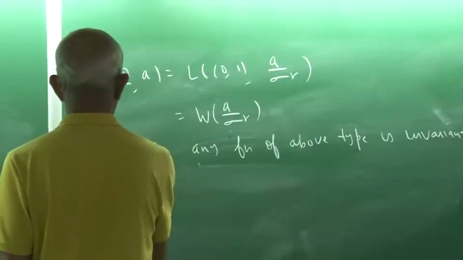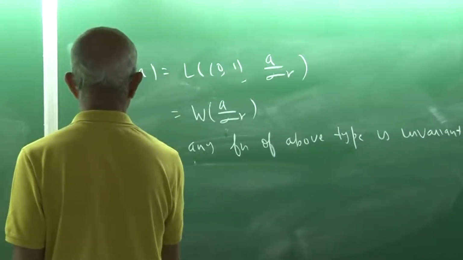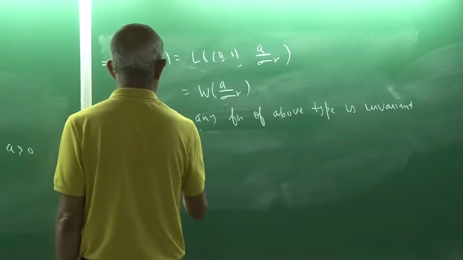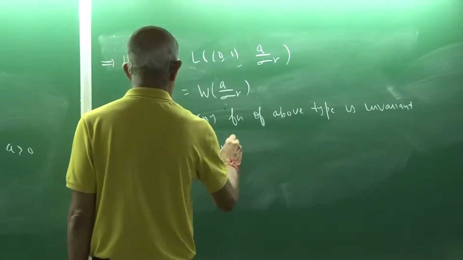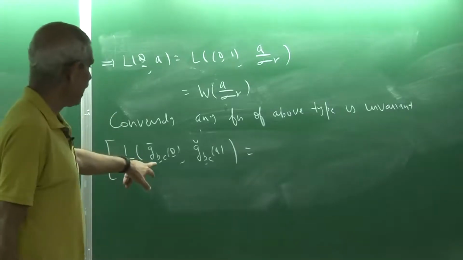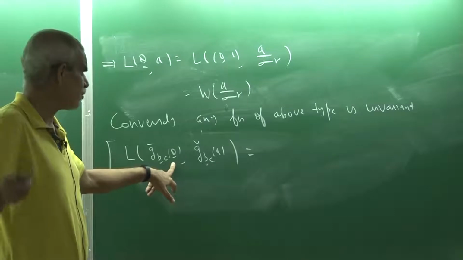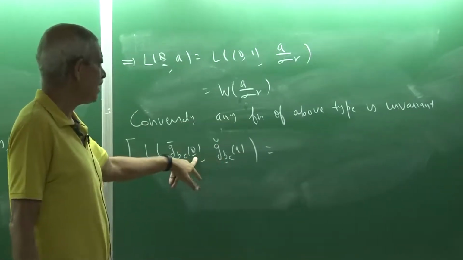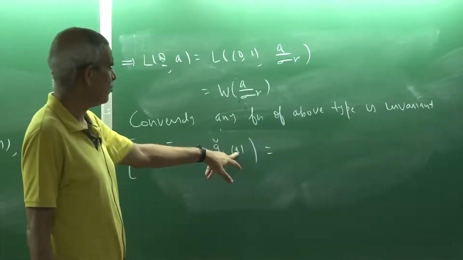Right? What you have to see is L of g bar bc theta, g tilde bc a. In L of g bc theta, mu gets transformed to b mu plus c. There is no mu over here, only sigma is there. So sigma gets transformed to b sigma. And what happens over here?